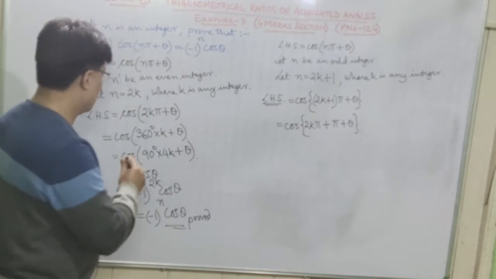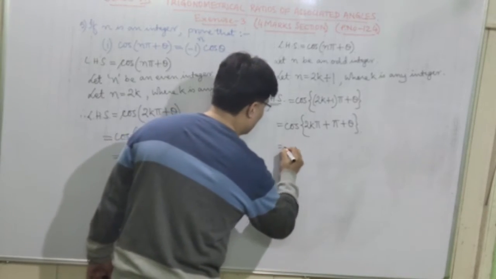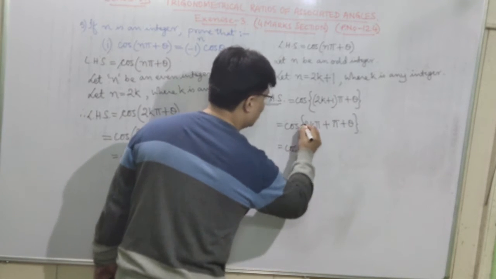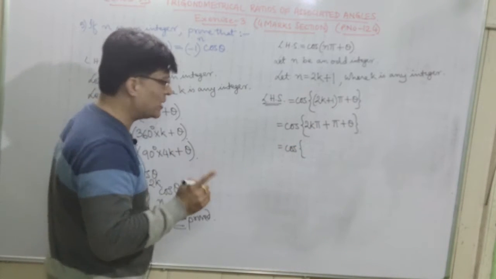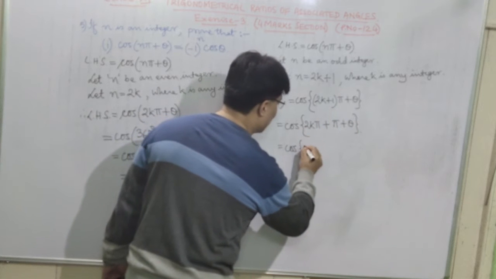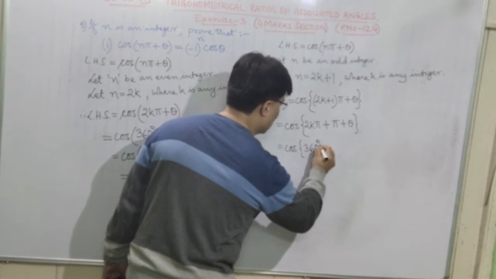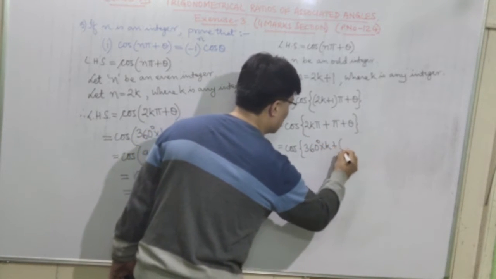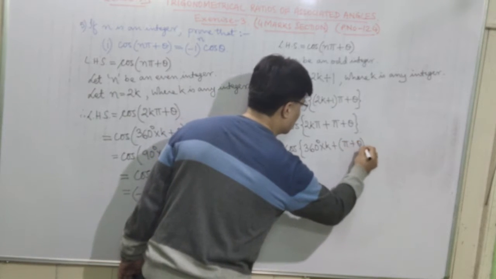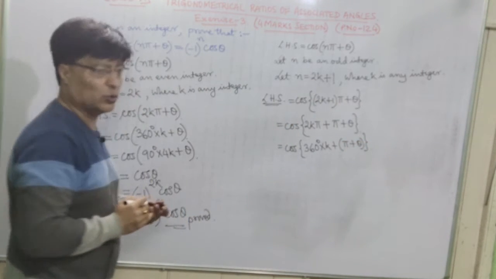So now in this case we have cos, again you can write it in terms of degrees. Pi is 180 degree, 2 into 180 degree is 360 degree, multiply by k plus, you can write it within bracket, pi plus theta. Second bracket is closed.